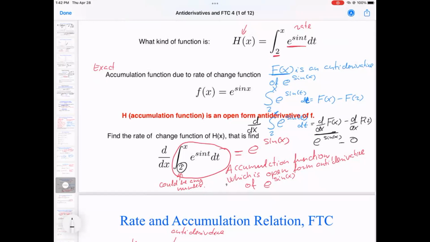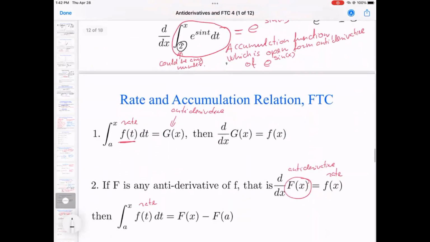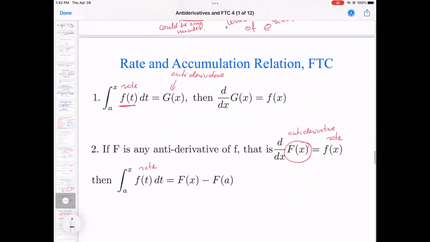So now we're going with more complicated ones. Here I restated the fundamental theorem of calculus, which has two parts, right? One part is when you generate the accumulation function, the accumulated changes with the rate function. This is the accumulation function due to this rate function. When you integrate a rate function, you always get an accumulation, the accumulated quantity. That's an antiderivative. So that means when you take the derivative, you basically undid the procedure.